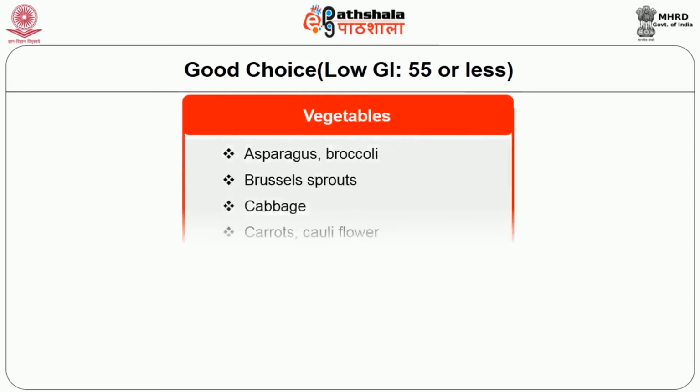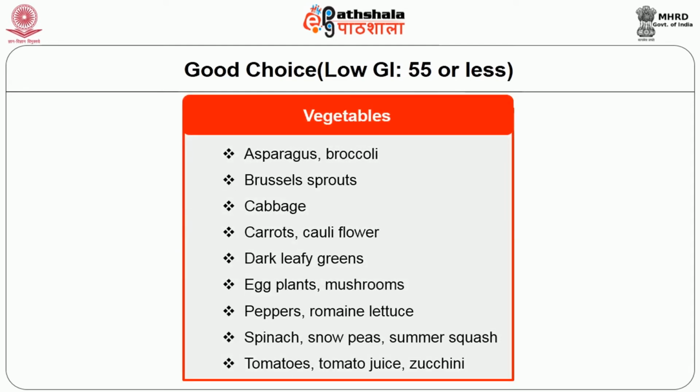And apart from this, vegetables such as asparagus, broccoli, Brussels sprouts, cabbage, carrots, cauliflower, dark green leafy vegetables, eggplants, mushrooms, spinach, tomatoes, and tomato juice all come under the category of low glycemic index foods.